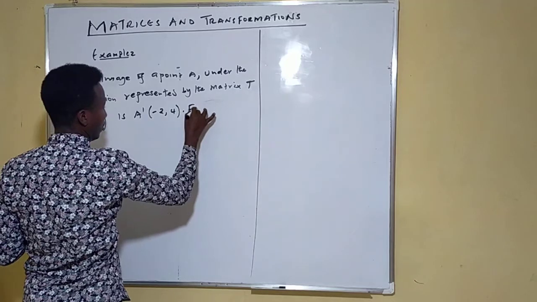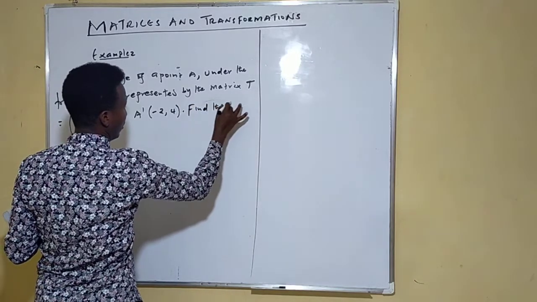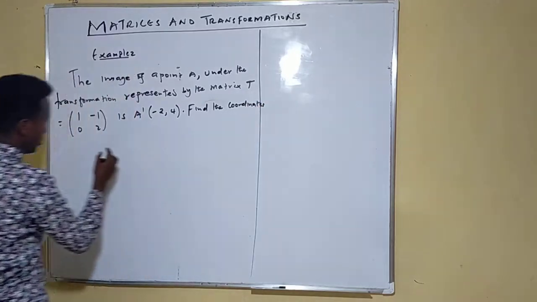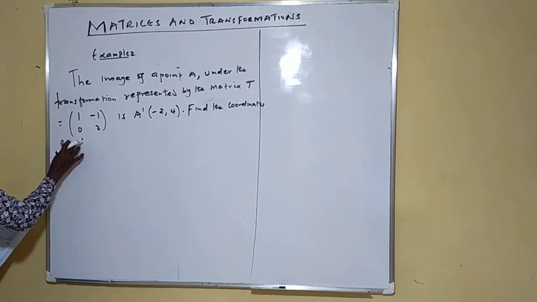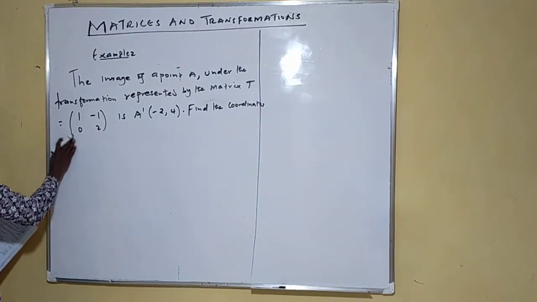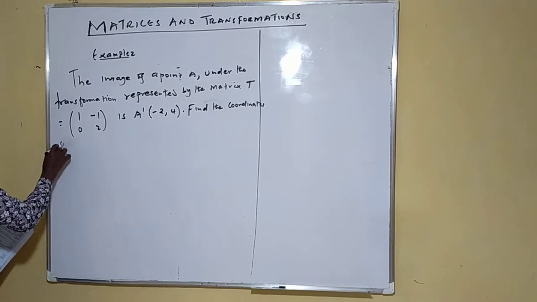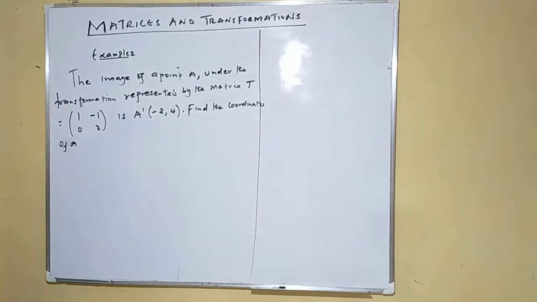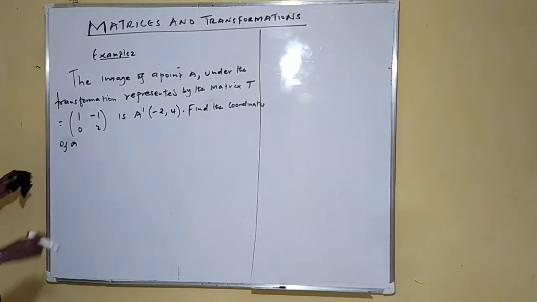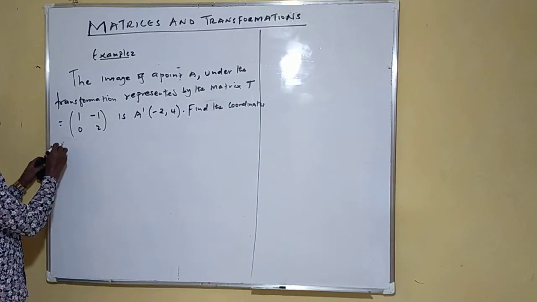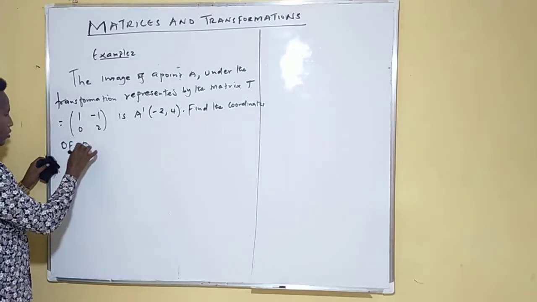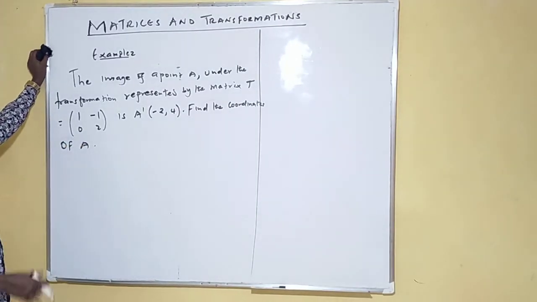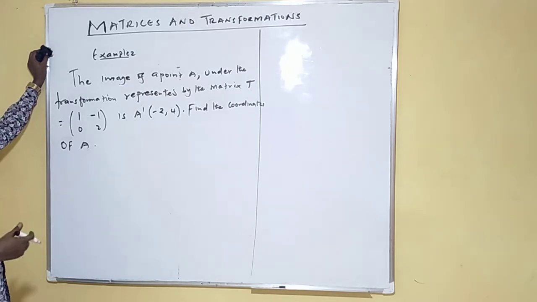You're told find the coordinates of A. Now when you look at this question, what do you have and what are you expected to get?